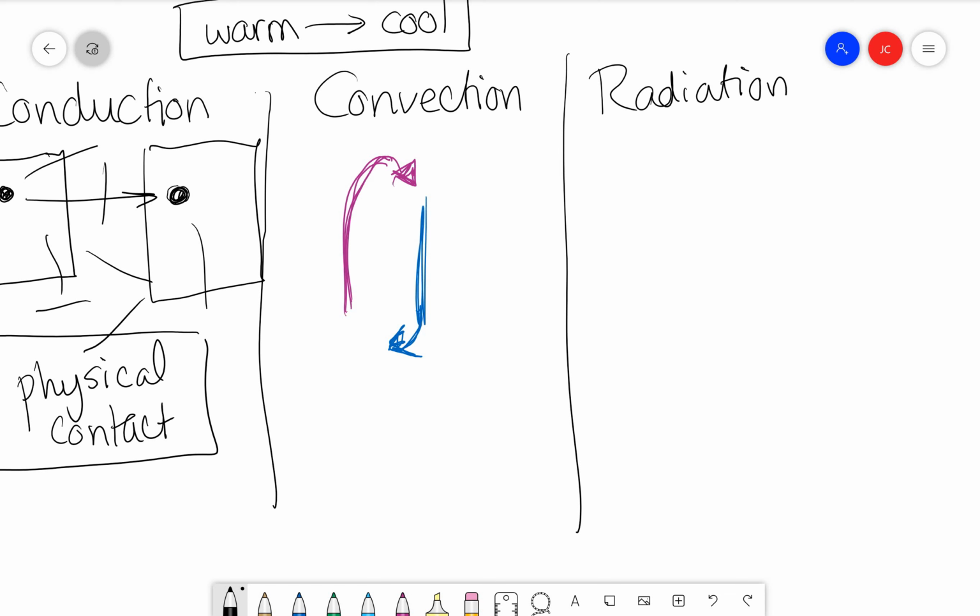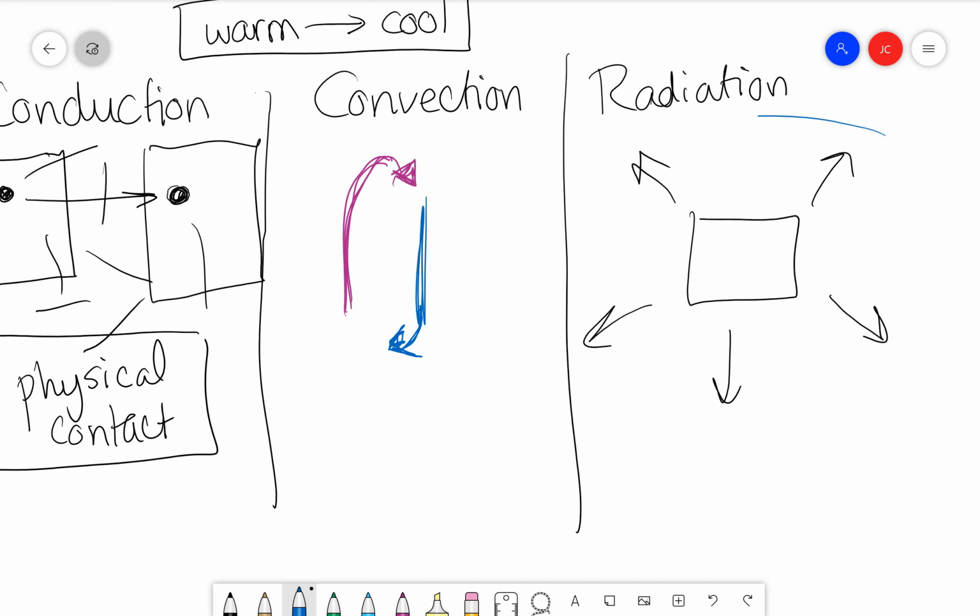Only some types. But radiation at the end of the day is just a hot object releasing some energy spontaneously into the colder surroundings. So here's your hot object, and it's really just releasing energy into its surroundings, and those surroundings would theoretically be cooler. And that's how radiation operates.